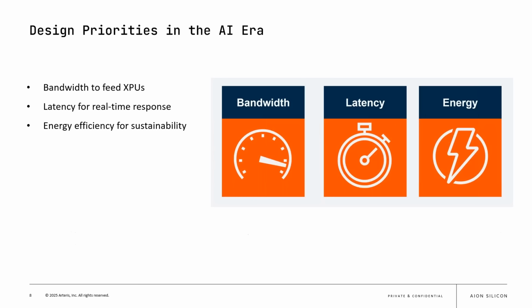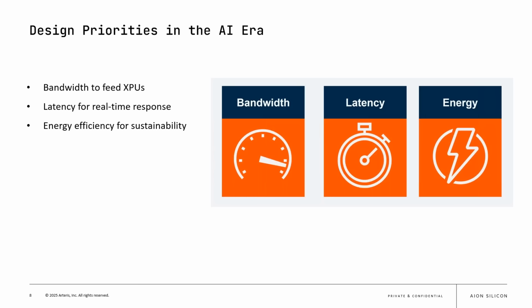Really looking at design priorities in the AI era as the second point, AI SoCs today prioritize three things: bandwidth, latency, and energy. Bandwidth keeps accelerators fully utilized, especially when DRAM becomes the choke point. Latency is critical for real-time inference. Automotive, robotics, and edge systems can't really tolerate jitter.